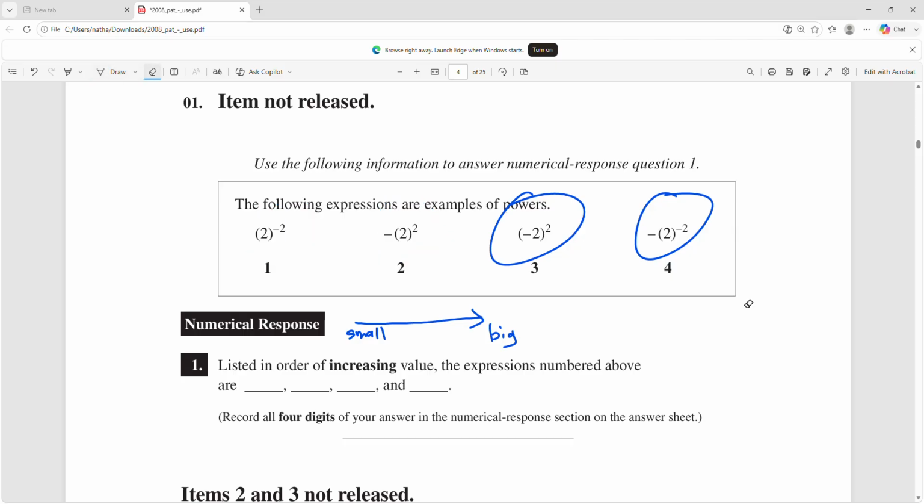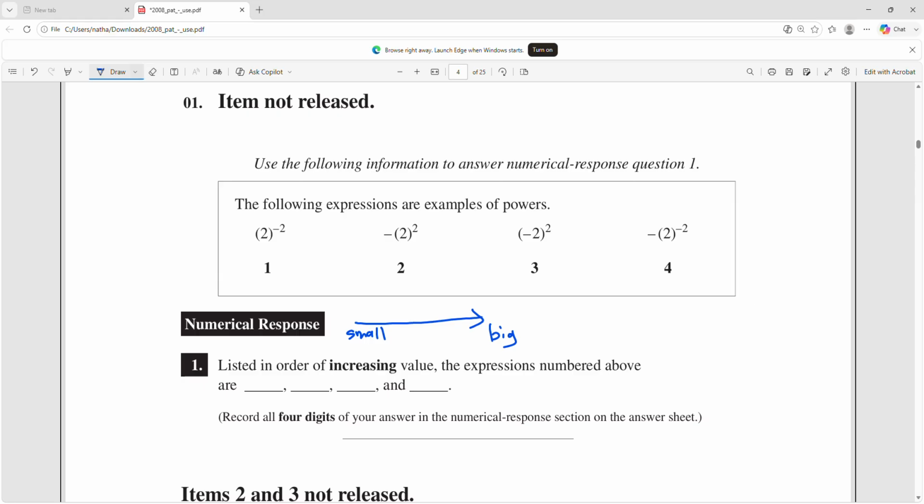We have something we might be less familiar with, negative exponents. I'm just going to explain quickly what a negative exponent means. If I have something like 2 to the negative 2, with a negative exponent, we take the base and put it to the exponent on the bottom of a fraction where the numerator is 1.